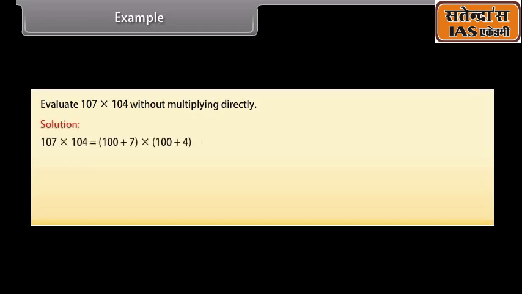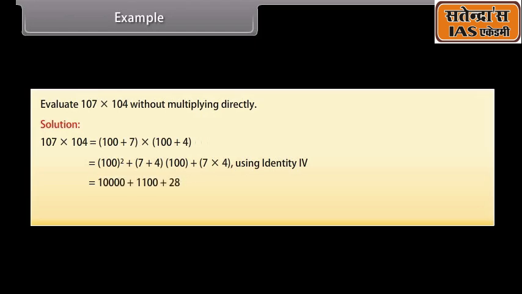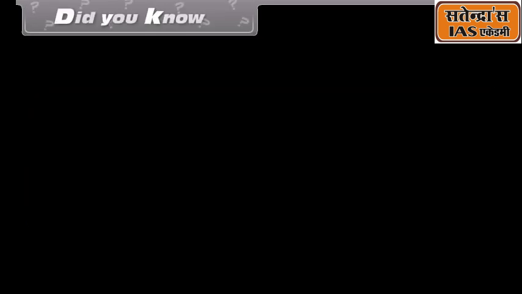Solution. 107 × 104 = (100 + 7)(100 + 4) = 100² + (7 + 4) × 100 + 7 × 4, using identity 4, which equals 10,000 + 1,100 + 28, which is equal to 11,128.